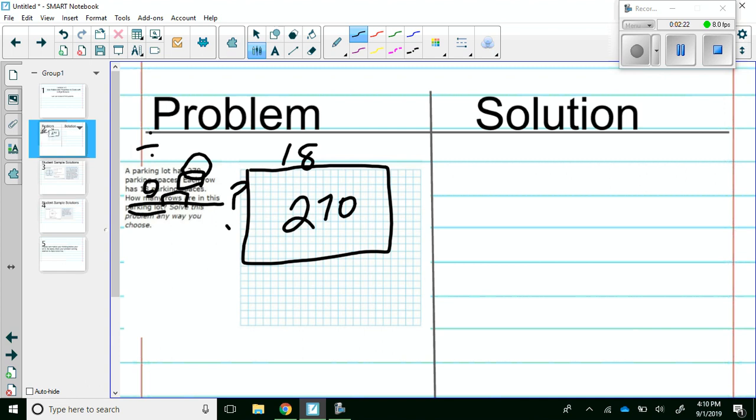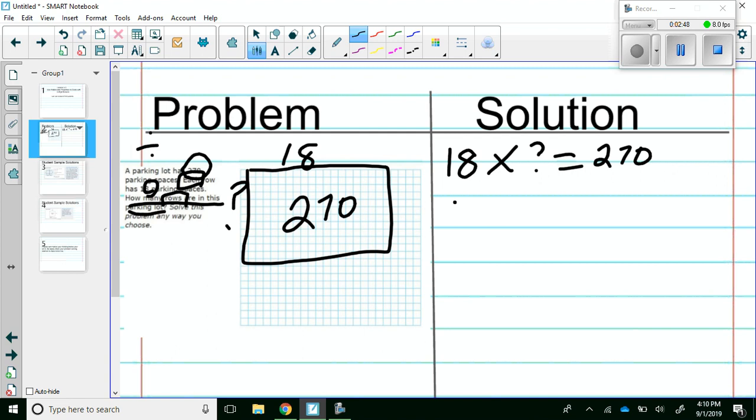To set this up, I know that 18 spaces times an amount of rows equals a total of 270 spaces. So I need to solve for the missing number to get how many rows there are in this parking lot.